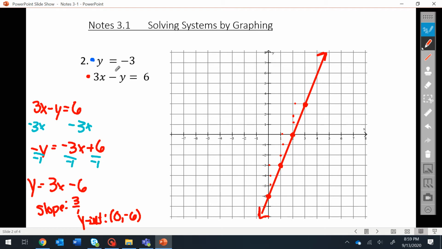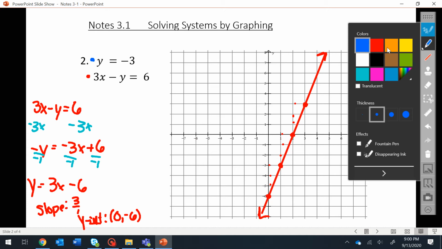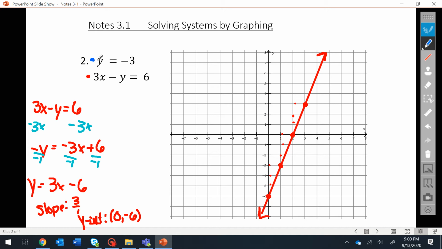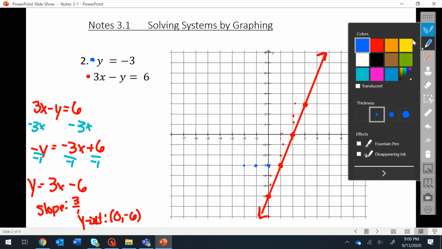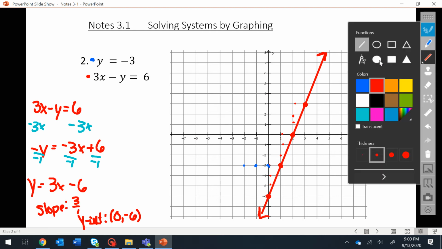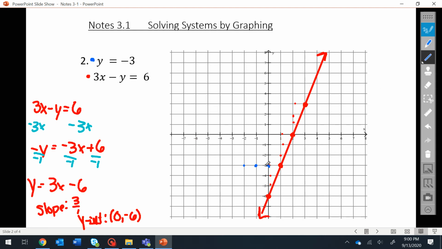The first line is y equals negative 3. That's going to be one of those special cases we saw before where every point has a y-coordinate of negative 3. So 1, negative 3; 0, negative 3; 2, negative 3; negative 1, negative 3; negative 2, negative 3. It's going to be a horizontal line that goes through negative 3 on the y-axis.